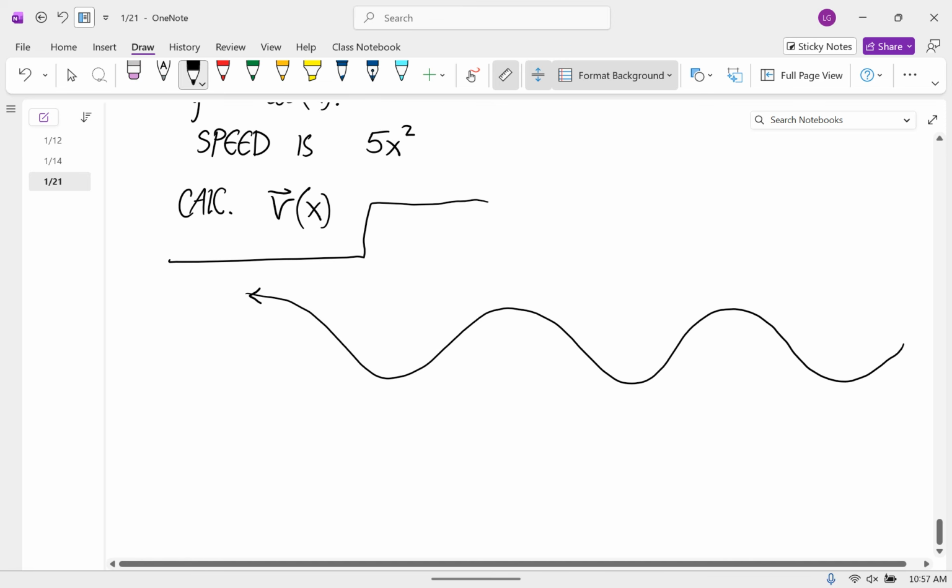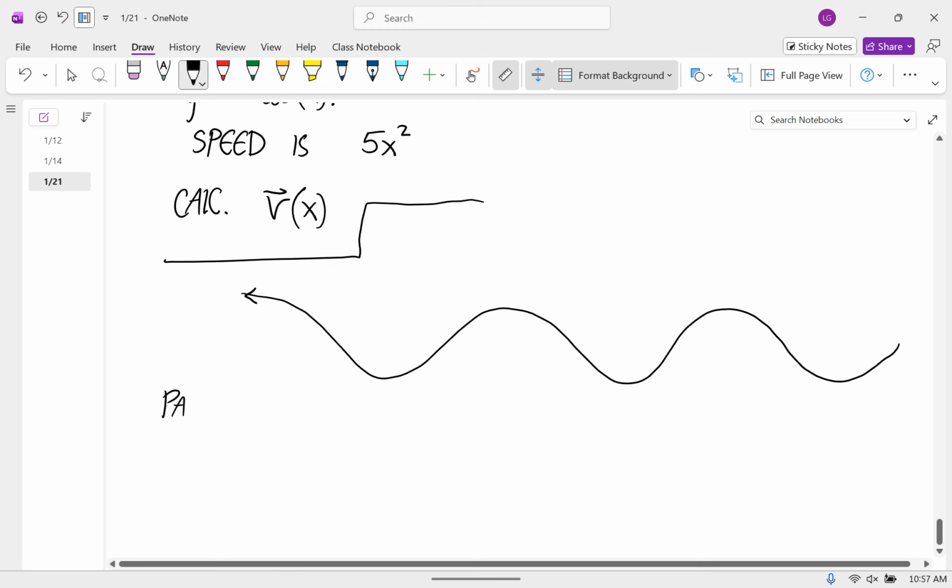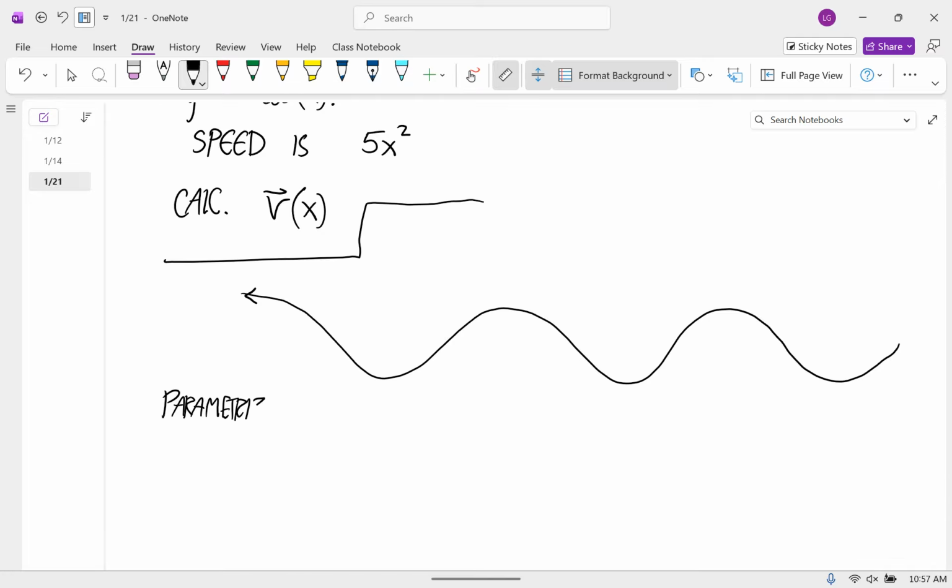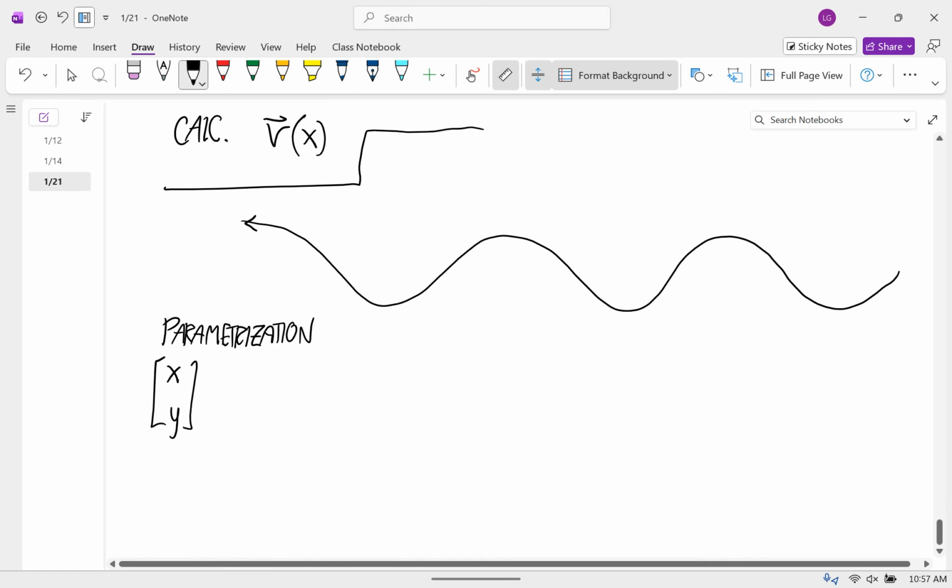The parameterization is always just going to be x, y. And our y is cosine of x. So this just comes out to be x, cosine of x.